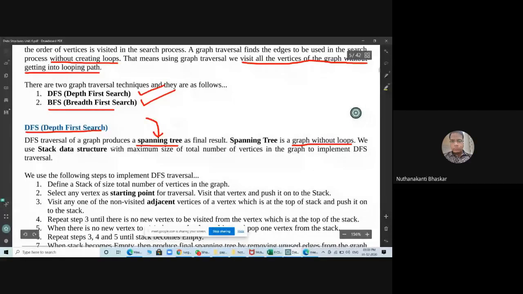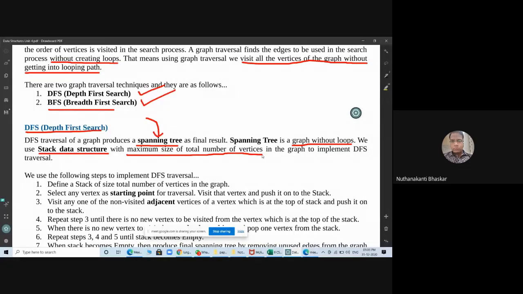For that, we use the stack data structure. Already I told you, in this case we have to use a stack, and in BFS we are going to use a queue data structure. Already you know what a stack is and what a queue is. The maximum size of the stack is the total number of vertices, that is, the total number of nodes existing in that particular graph.